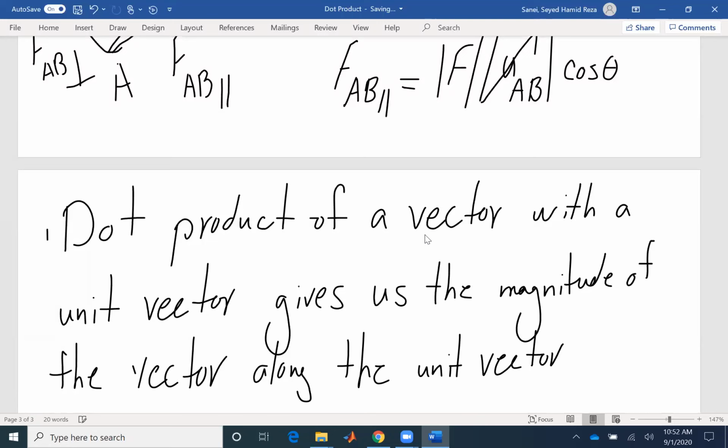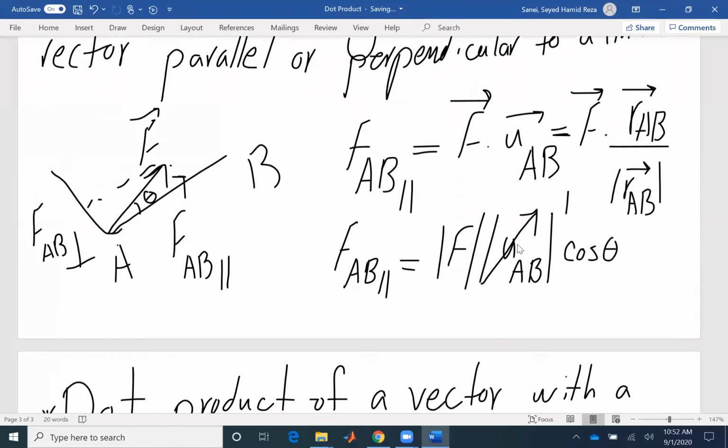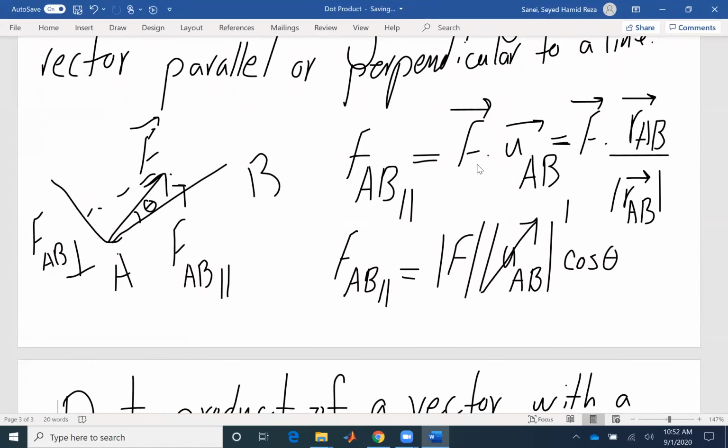So that's, I'm just writing what we just talked about. So here, when you have a dot product of the force F and U AB, you get a magnitude.